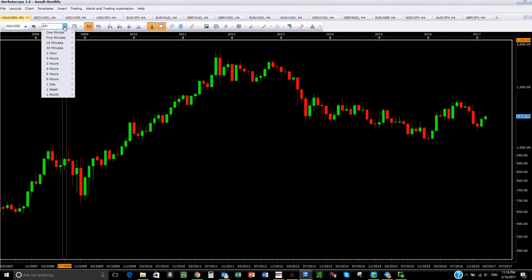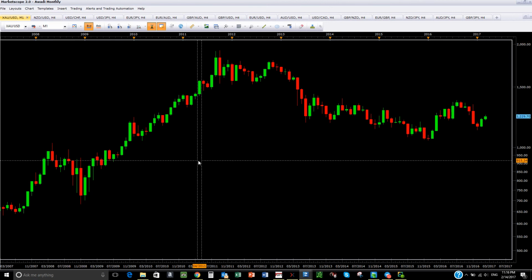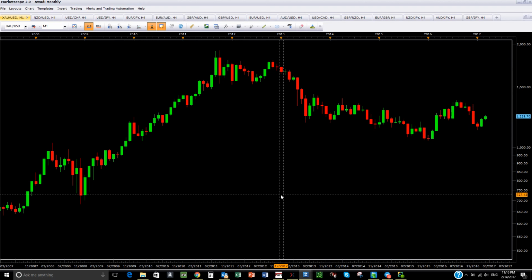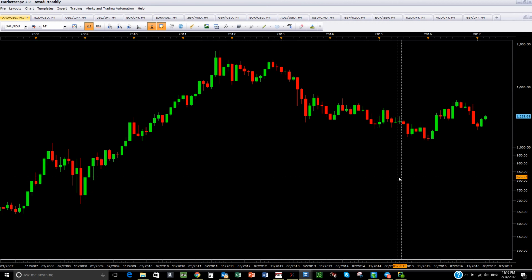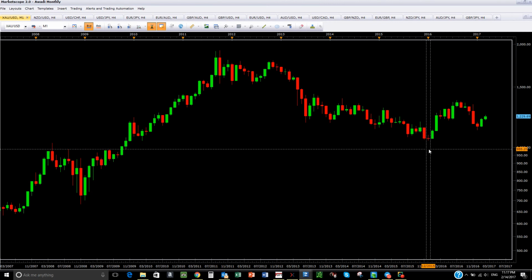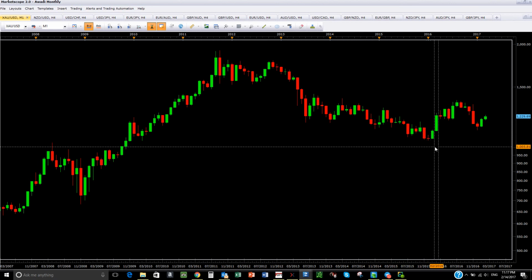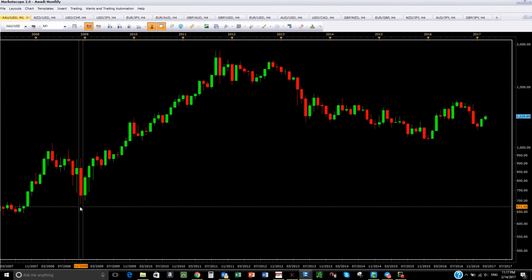So I will start to display the monthly chart for the gold for 10 years, as you can see. Since that 10 years, I can see there's 3 major swing lows or valleys, which is here, 1, 2, and this is 3.